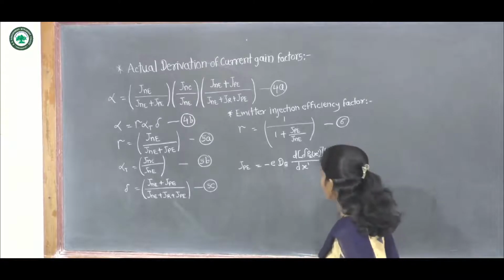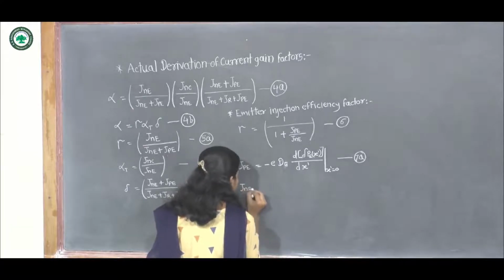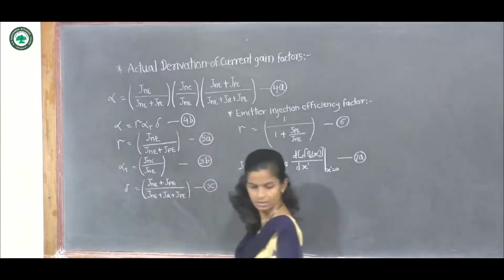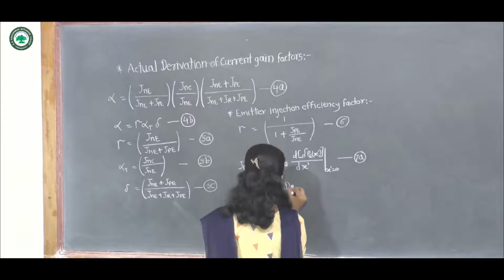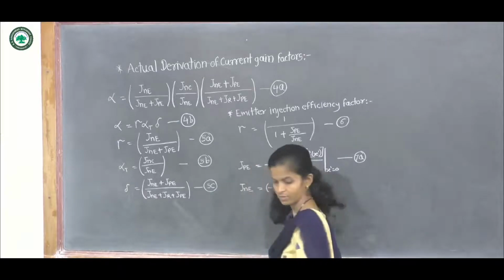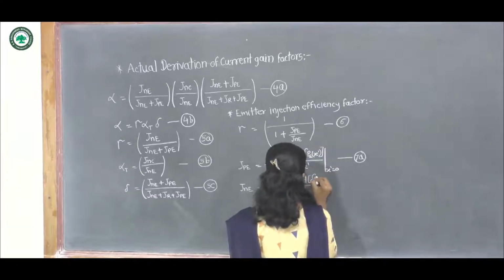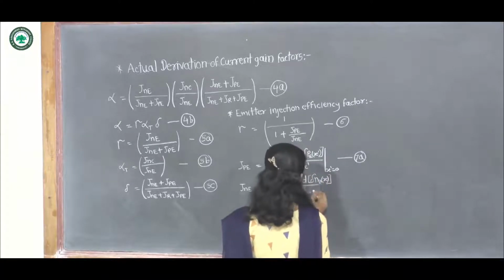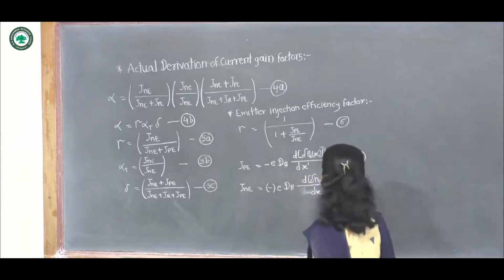and similarly the value of Jne is equal to minus e into dB into d by dx of delta NB of x, at x is equal to 0.